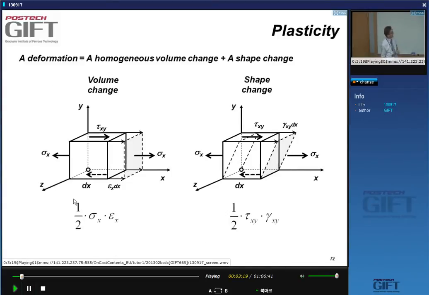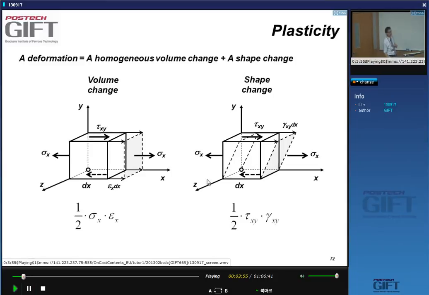Let's now look at the specific situation where we're asking ourselves what's the work that we need to do to achieve this volume change and the shape change. Well, let's look at the volume change here. If I strain the material in this direction, it will get longer in the x direction, and I will carry out work which is given by this well-known equation, half of the stress that I apply on this side of the cube times the strain in the x direction.